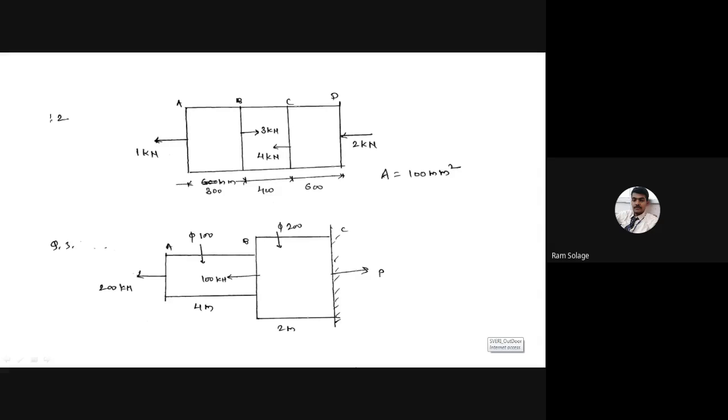Write down the next problem. Determine total elongation of the bar loaded as shown in figure.